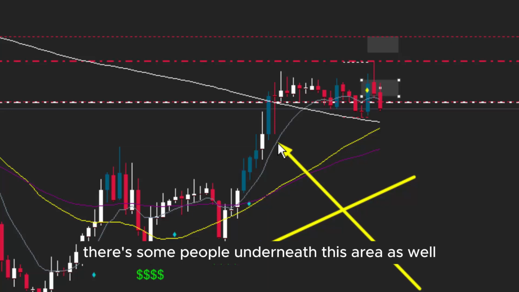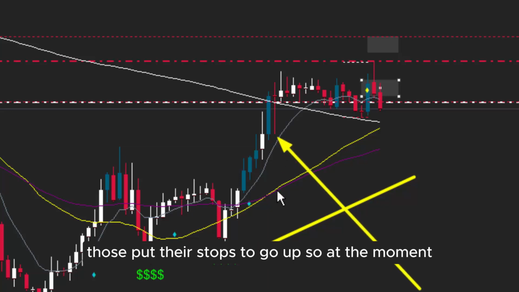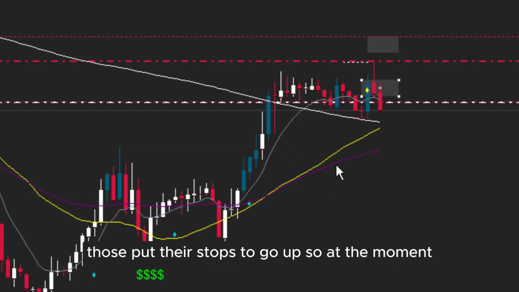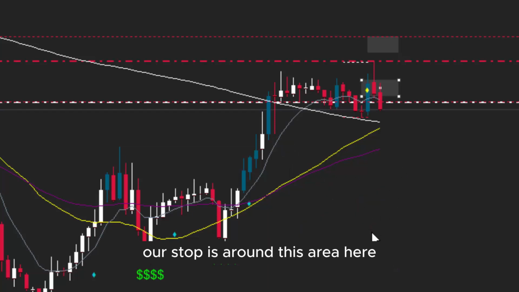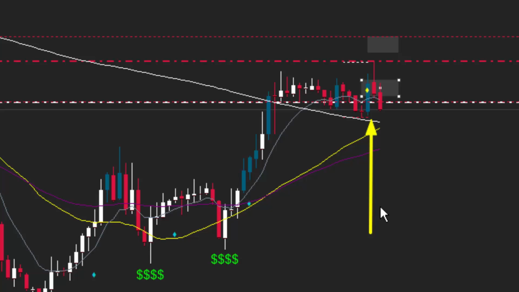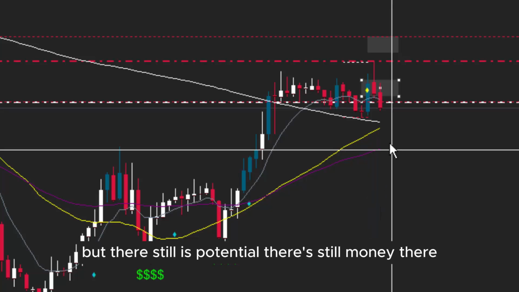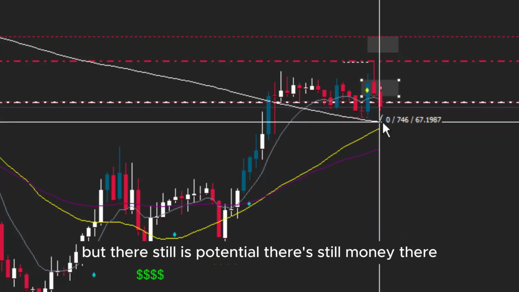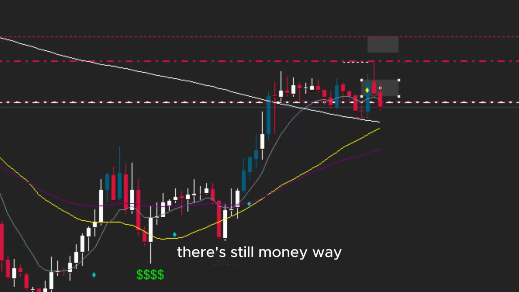There's some people underneath this area as well who've put their stops to go up. So at the moment, our stop is around this area here. Our take profit is around this area here. That's today's lows. But there still is potential. There's still money there. There's a lot of money down there as well.